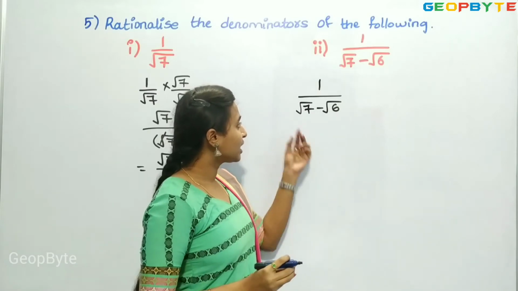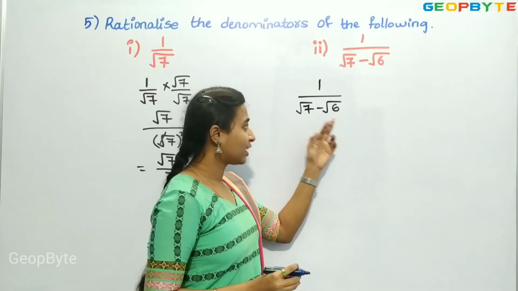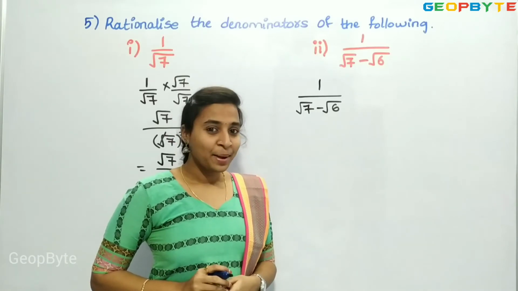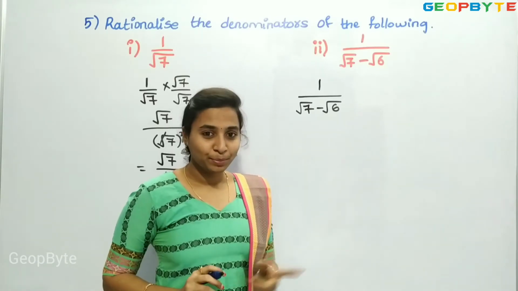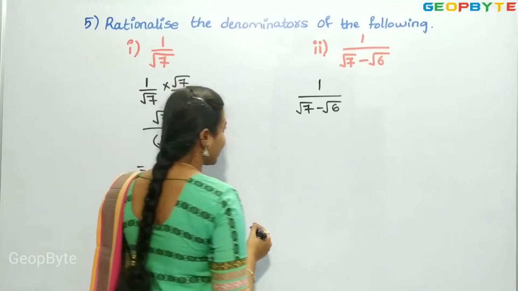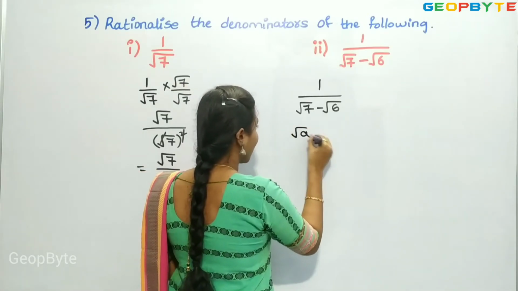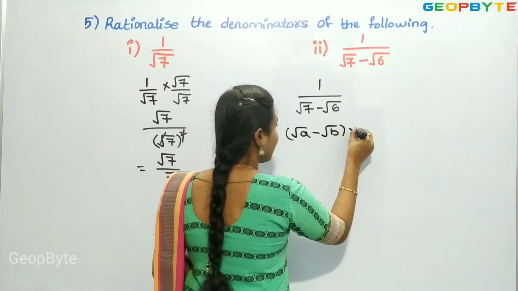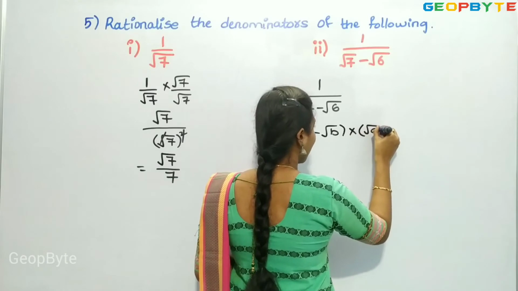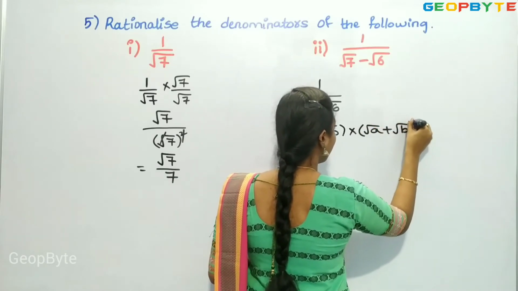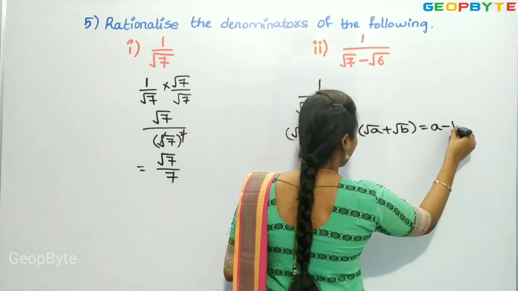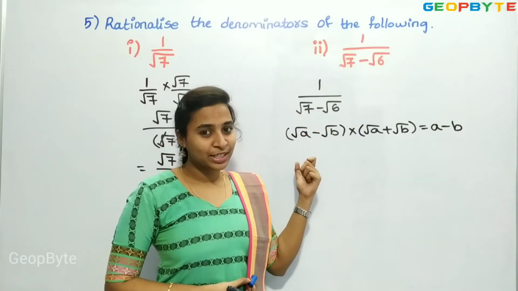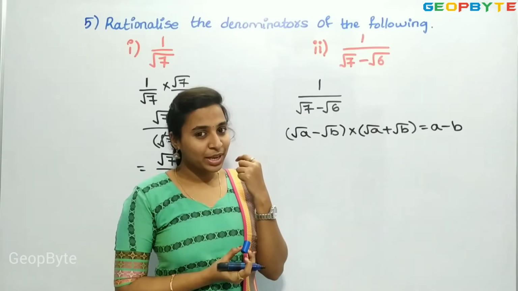If you see, under root 7 minus under root 6 is in the form of under root A minus under root B. So, we have an identity: under root A minus under root B into under root A plus under root B gives you A minus B.